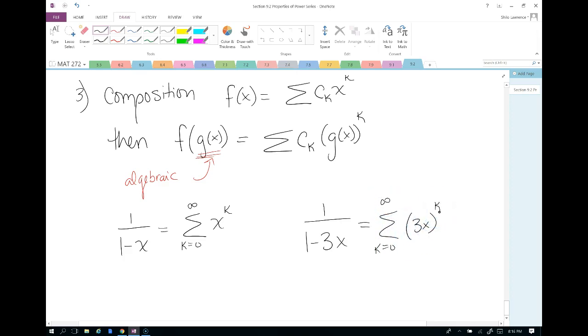So that's a classic example of how the composition works. Whatever I want to replace in the function, I do the exact same thing in the power series. So if I replace x with 3x in the function, all I have to do is replace x with 3x in the power series.